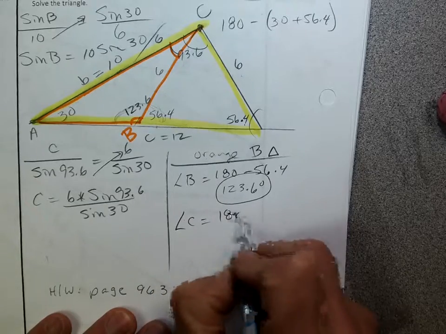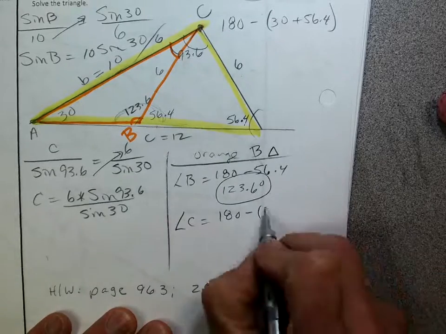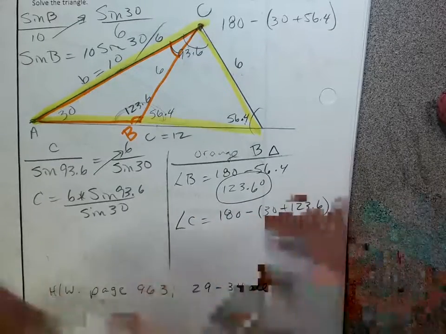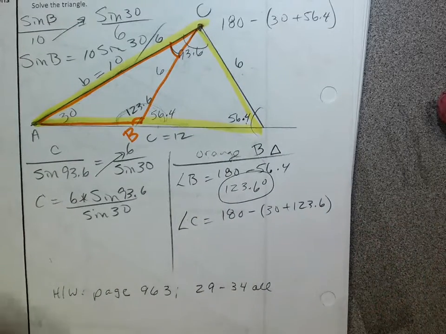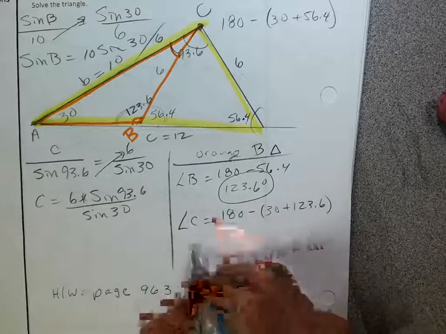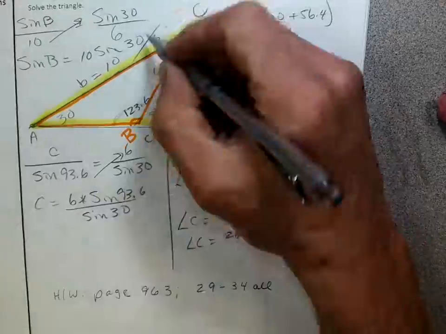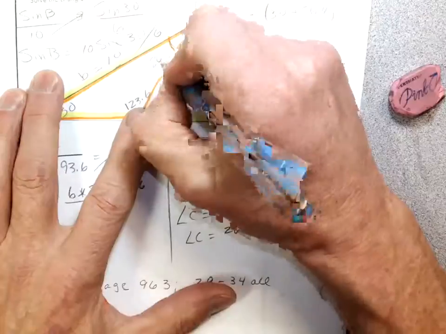I'll go 180 minus my 30 plus 123.6, and I'll get the other angle C. So I'll use my calculator, 180 minus 30 and 123.6, and I get 26.4. So angle C is 26.4 degrees.